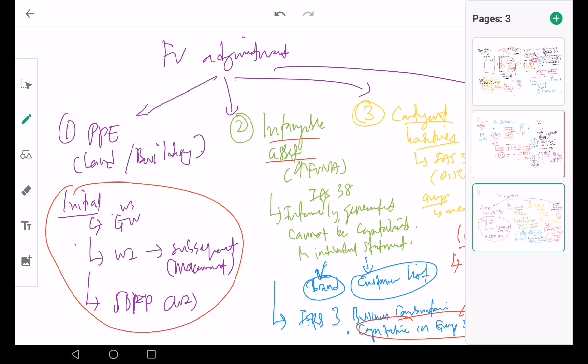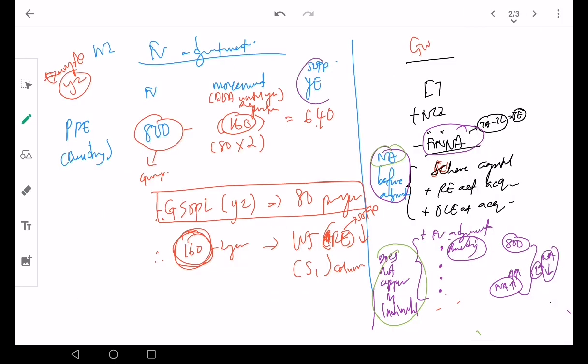This is the initial at DOA, date of acquisition. This period is from the very beginning you acquired, regardless of how many years, 3 years or 4 years. This is the year end that the question requires you to do, the year end of your statement.